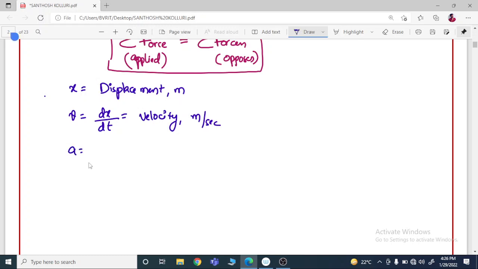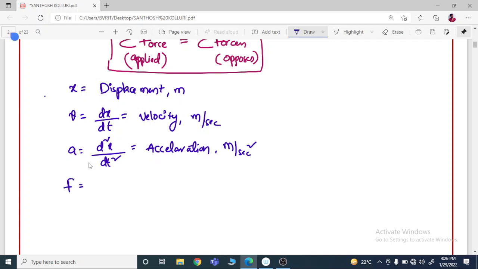If you differentiate the velocity, you get acceleration, or the double differentiation of the displacement is acceleration. The unit is meter per second squared.